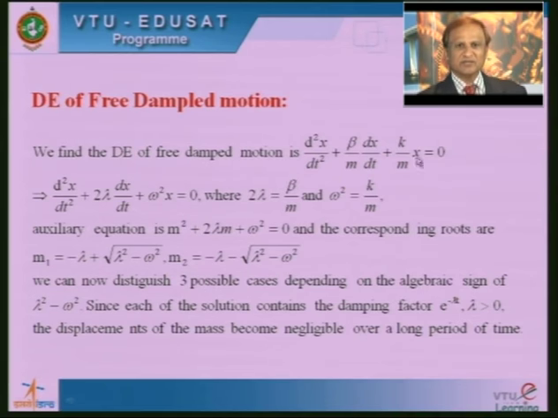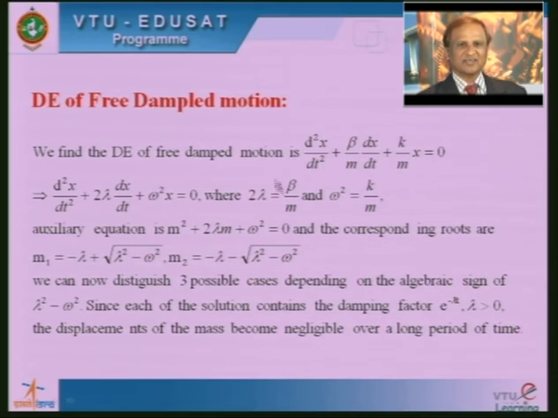The same differential equation can be written in this form: d square x upon dt square minus 2 lambda into dx by dt plus omega square x is equal to 0. So, I have simply replaced beta by m with another constant, say 2 lambda, and k by m with omega square.